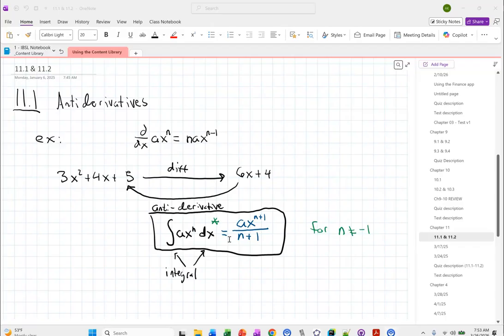Here we're going to be adding 1 to the exponent and divide by the new exponent. And we do that for all exponents except for -1, which we won't ask you to be able to do by hand. But oddly enough, if you're interested, the antiderivative of x to the -1 is the natural log of the absolute value of x, unexpectedly. It's like, whoa.